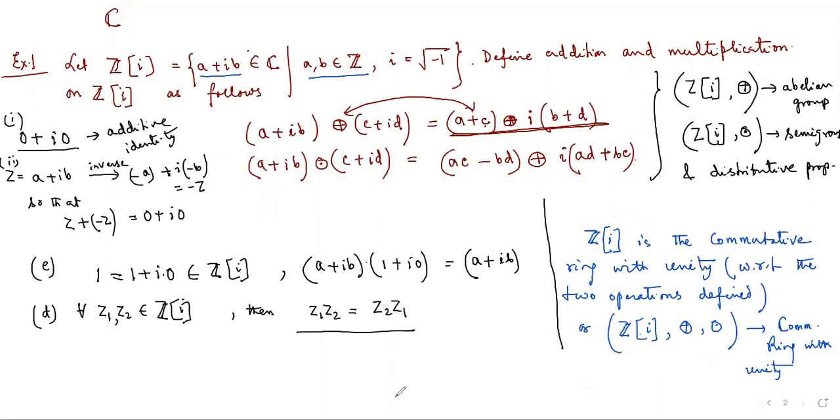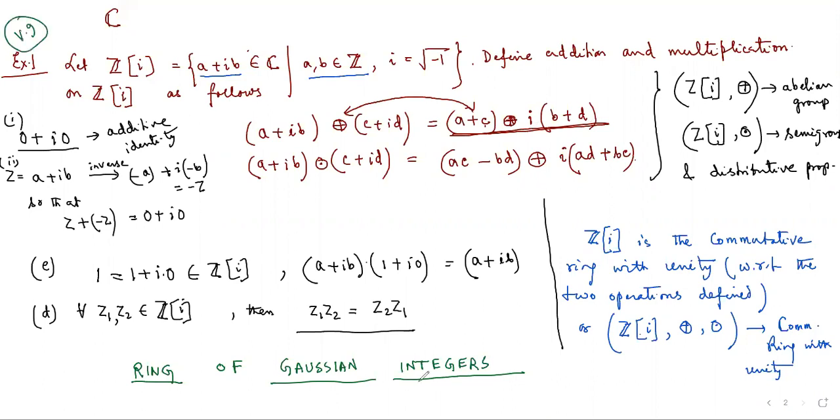This particular special ring is a special example in the mathematics community, and mathematicians call this set the ring of Gaussian integers. These are not just the integers, they are called the Gaussian integers. Remember this example, it's very important. The ring of Gaussian integers is a commutative ring with unity.